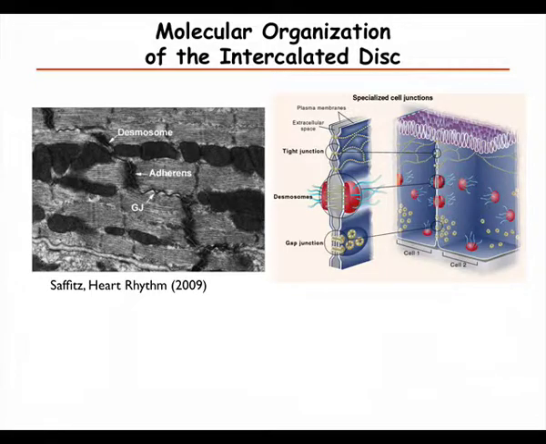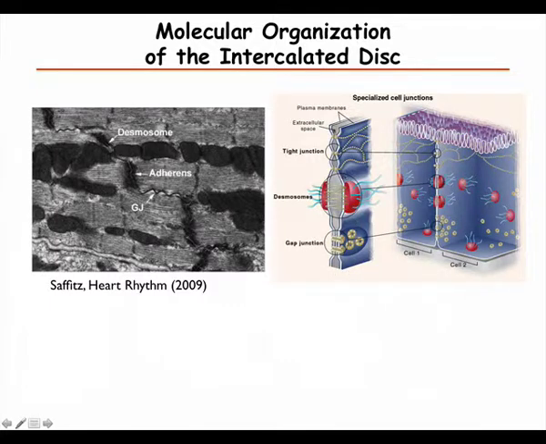So now, to give you one example of how one can look at interaction partners this way, is from looking at the intercalated disk. Here, the intercalated disk has a few different junctions: a tight junction, the desmosome, and the gap junction.